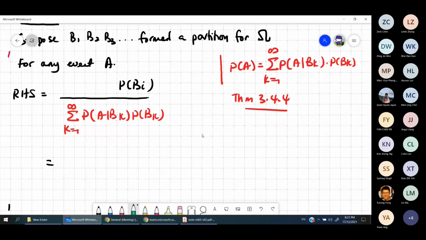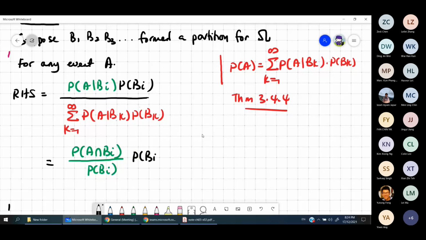Maybe I highlight this one with green color so you can see how things evolve. The green color part, by using the definition, can be put as P(A and Bi) over P(Bi), right? Then I'm going to have a P(Bi) over here, remaining the same. For the red color portions, that will be actually our P(A). So then we have our P(A) here.